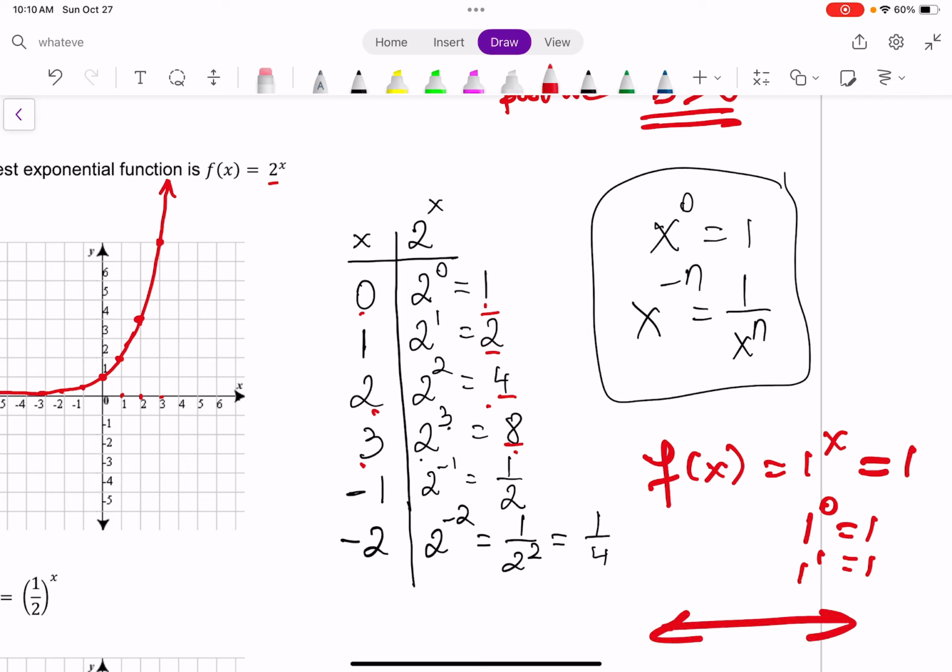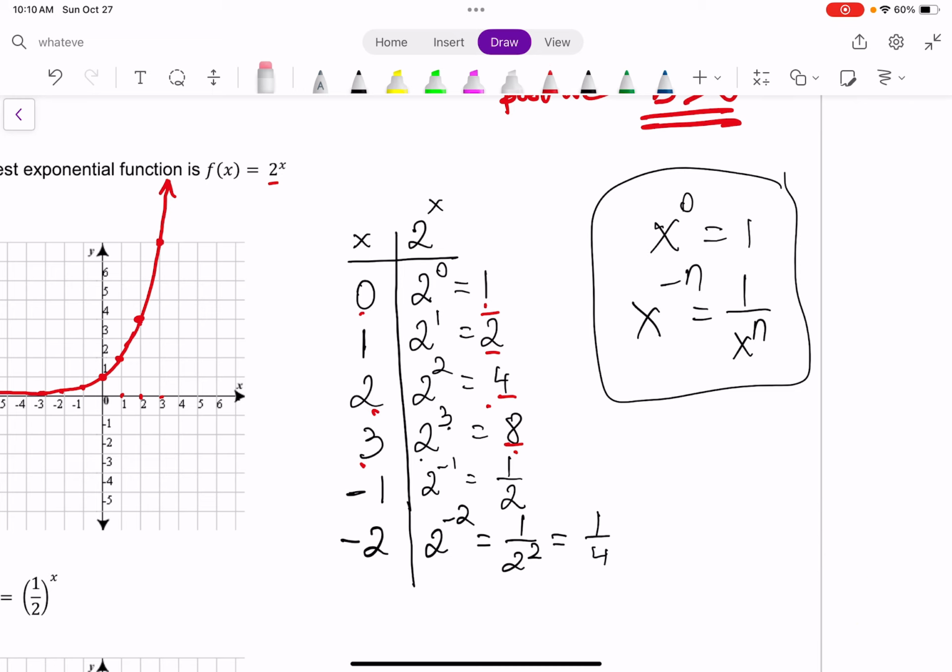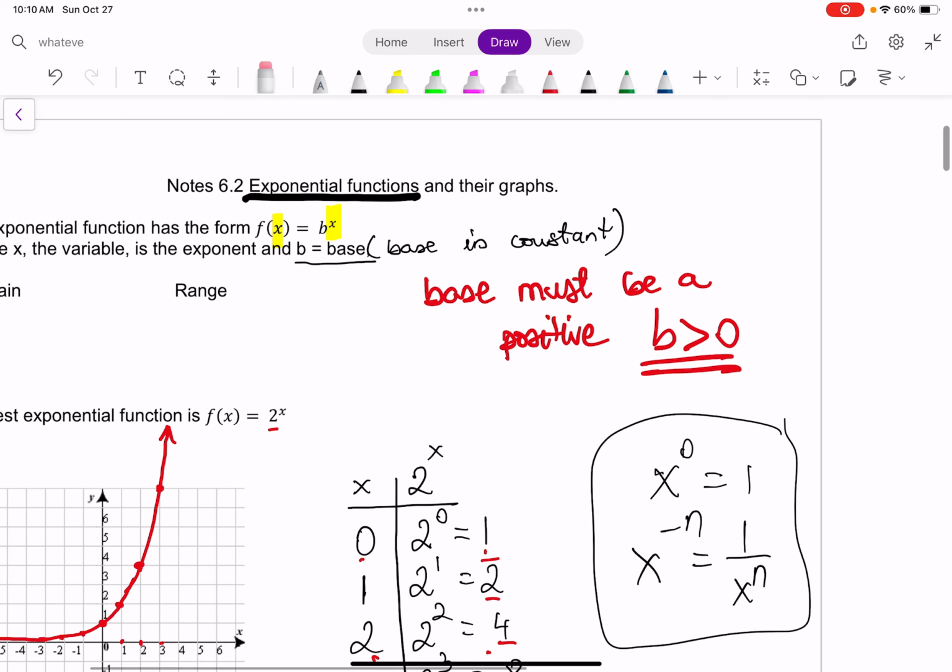We talked about those back in chapter 1. Okay, so therefore, there are some restrictions on our base. The base must always be a positive number and not equal to 1, because again, a base of 1 would lead to a constant function.